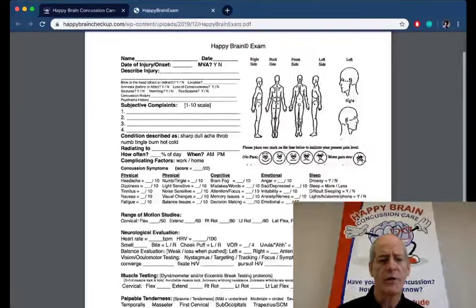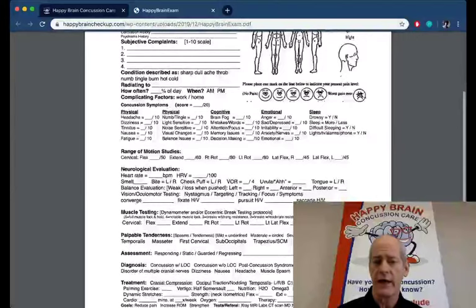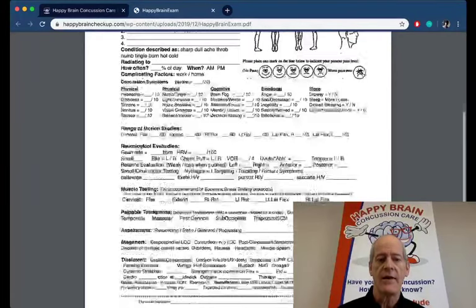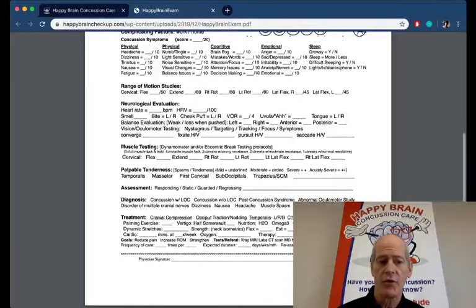On this form, we go down and look at range of motion for their neck, looking for any limitations in rotation, lateral flexion, and flexion extension. And then we get some neurological evaluation. In the neurological evaluation here, we can look at the person's heart rate, which is controlled by the brain.